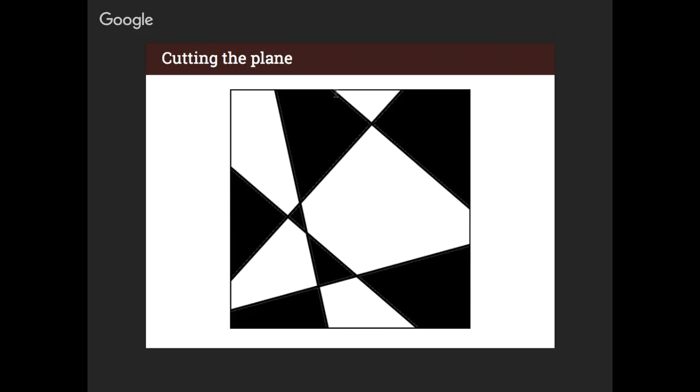I can't just add one more white region because the line has to go from one side to the other. There's no line from one side of the page to the other that'll split off just one little piece. If I draw the line here to split off this corner, it also splits up there and there and there. And then I haven't got one more region, n plus 1. I've got, I don't know, n plus 4 more regions.